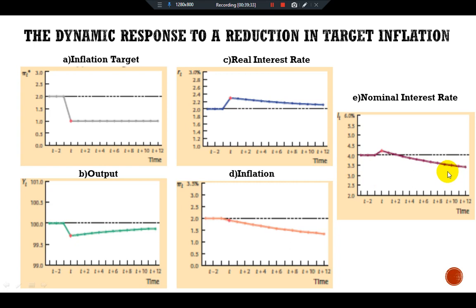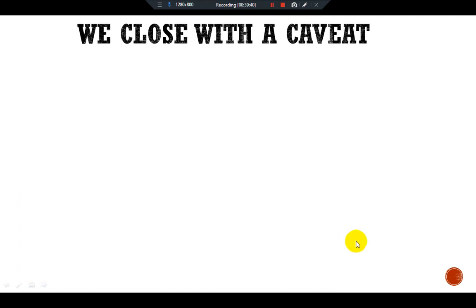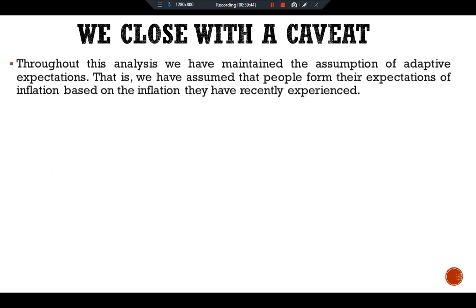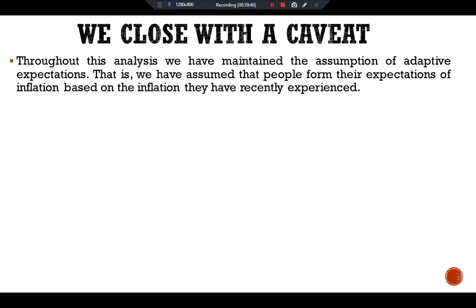Okay, in conclusion, we close with a caveat. Throughout this analysis, we have maintained the assumption of adaptive expectations. That is, we have assumed that people form their expectation of inflation based on the inflation they have recently experienced.